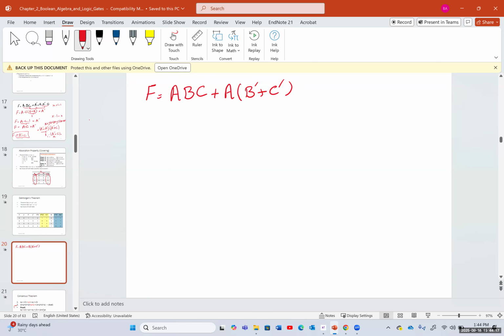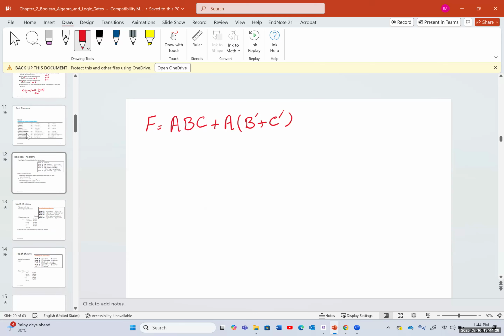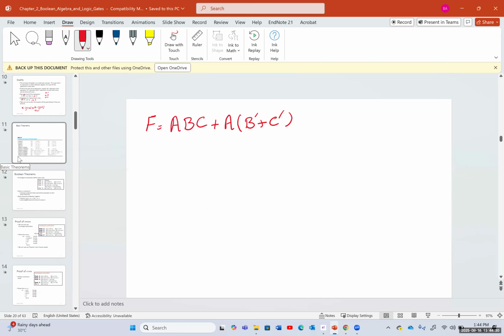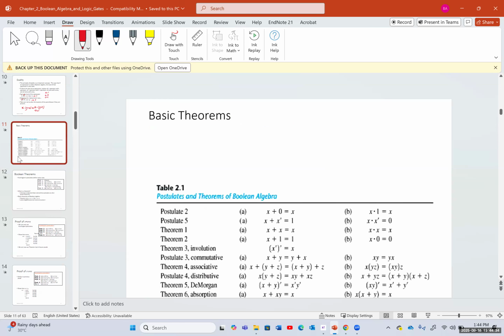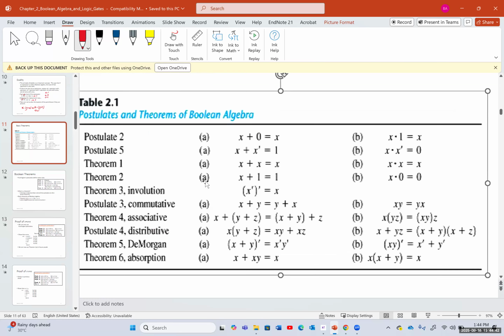I'll give you 5 minutes, and the first person to solve it gets extra points. Did you all write this down? I want to go back to the table so you can use the theorem table and any of these theorems to help you solve the problem.